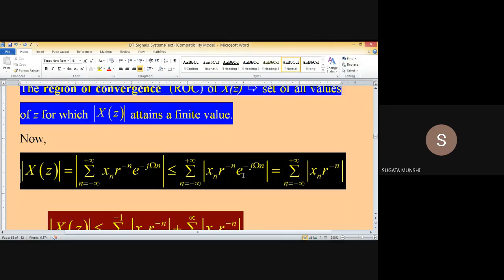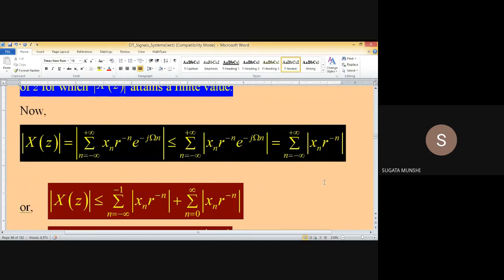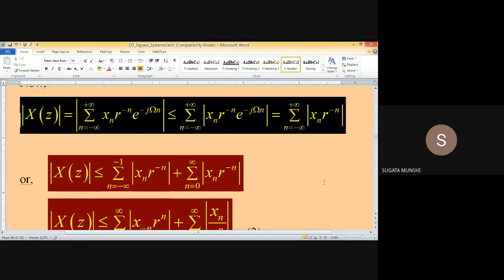Because the magnitude of e to the power minus j omega n is 1, this is the summation of n equal to minus infinity to plus infinity of the magnitude of x[n] r to the power minus n. Therefore, I have split up the right hand side into two parts. First is the part for negative n, and the second part is for positive and zero values of n.